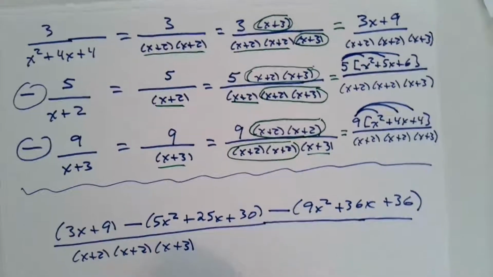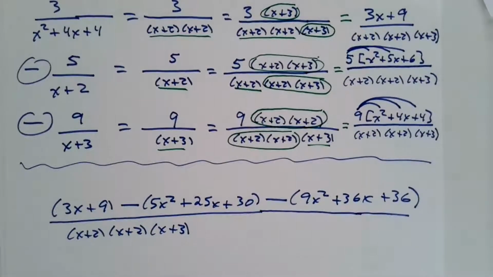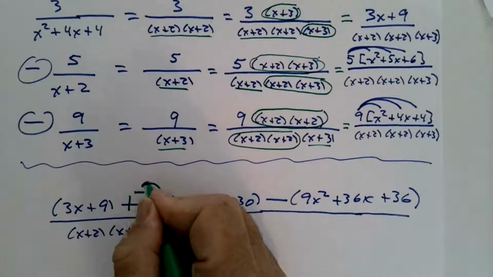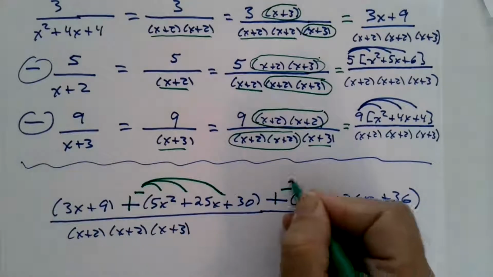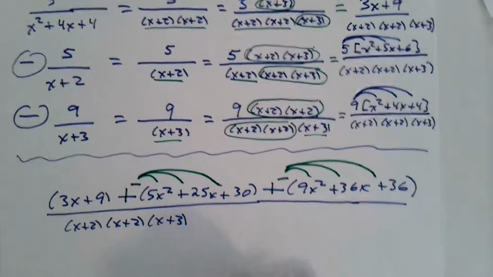So we need to simplify this by plus negative, and distributing that. So we'll make this plus negative, distribute here, here, here. We'll make this plus negative, distribute here, here, here.